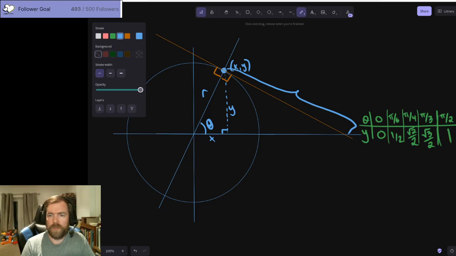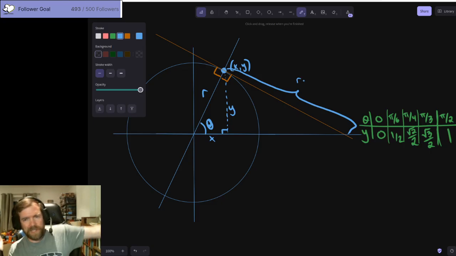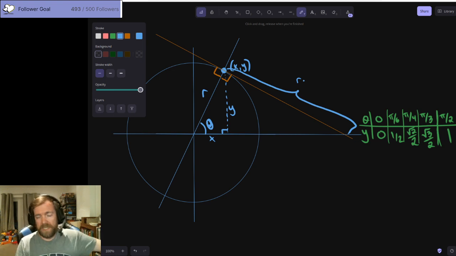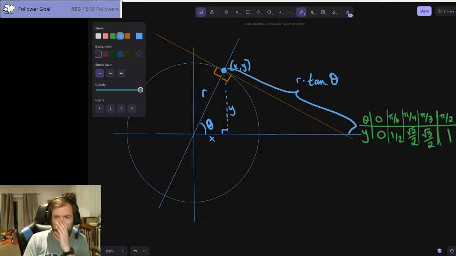So here, this is going to be, to be fair, r times the tangent of theta, because it's going to get scaled up to be whatever r is. When I was dealing with a bunch of my students, I said, okay, fine, this is just the distance.